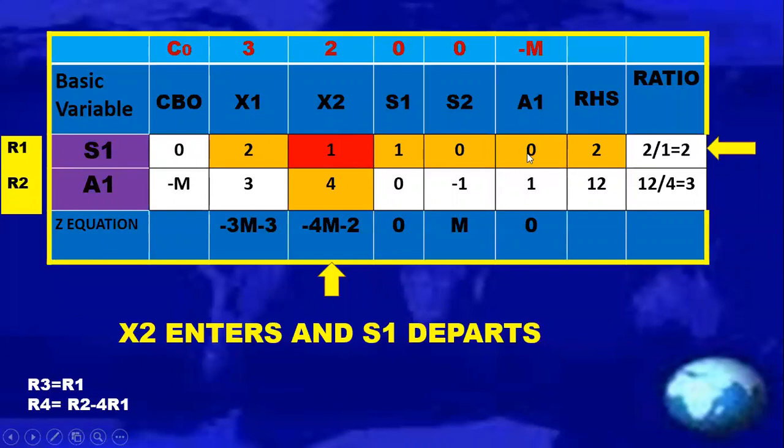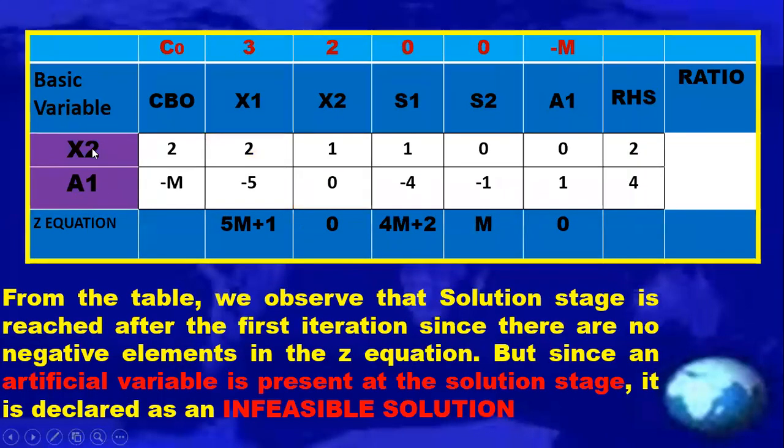R3 will be equal to R1 since you have the key element as 1 only. So you write down the same row. Instead of S1, X2 is entering and next will be A1. So for x2 and a1, the coefficients are 2 and minus m in the objective function.